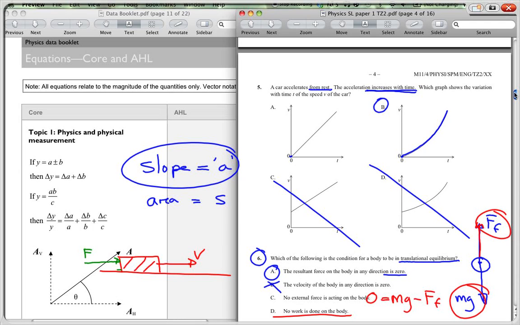And obviously your frictional force will be operating in the opposite direction, cancelling out that force, but you've got to overcome it. So you're actually doing work. Work would equal force times the distance that you have actually moved in that direction. So it can be that work is done on the body, but again, all your forces are cancelled out.